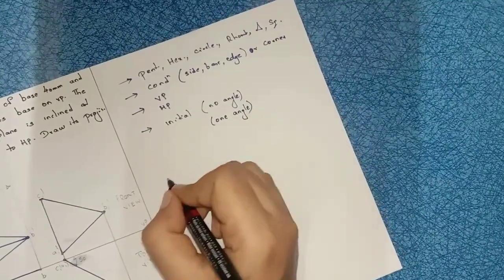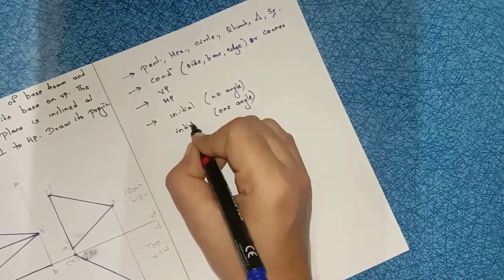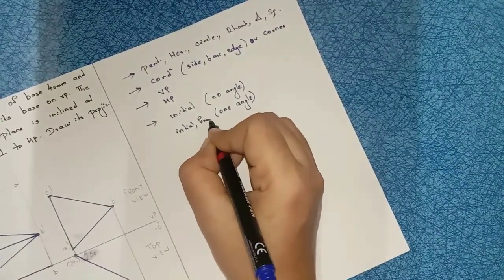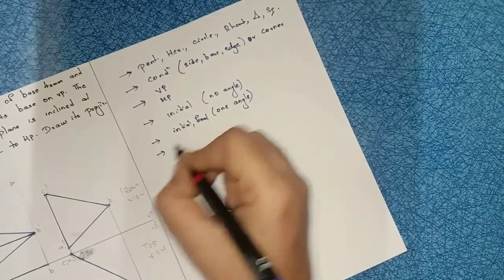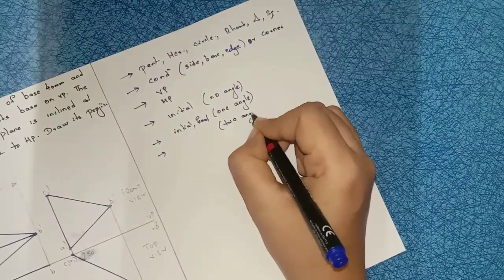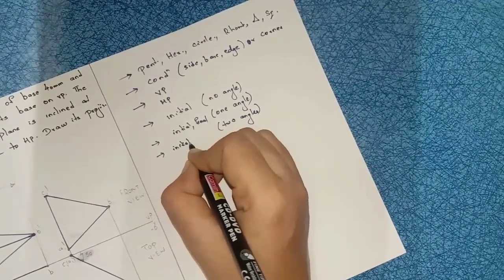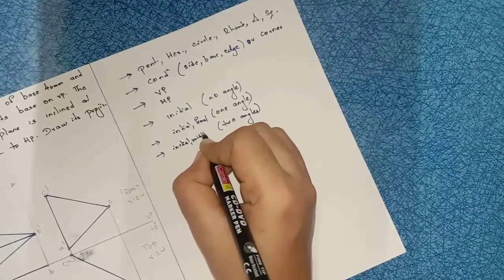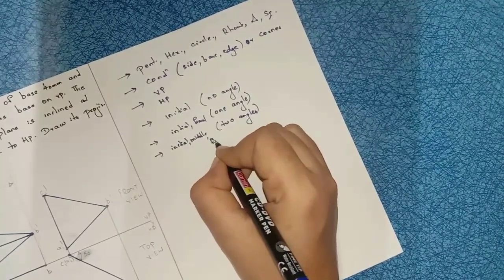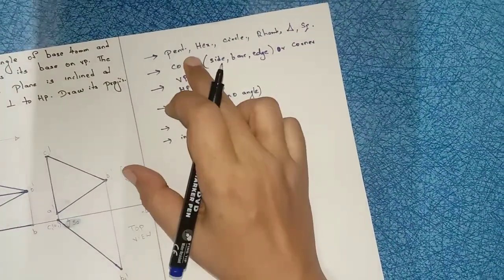If they mention only one angle, you have to draw two positions, initial position and final position. Next lecture we will see two angles. If they mention two angles, we have to construct three positions: initial, middle, final. We will see that in the next lecture.